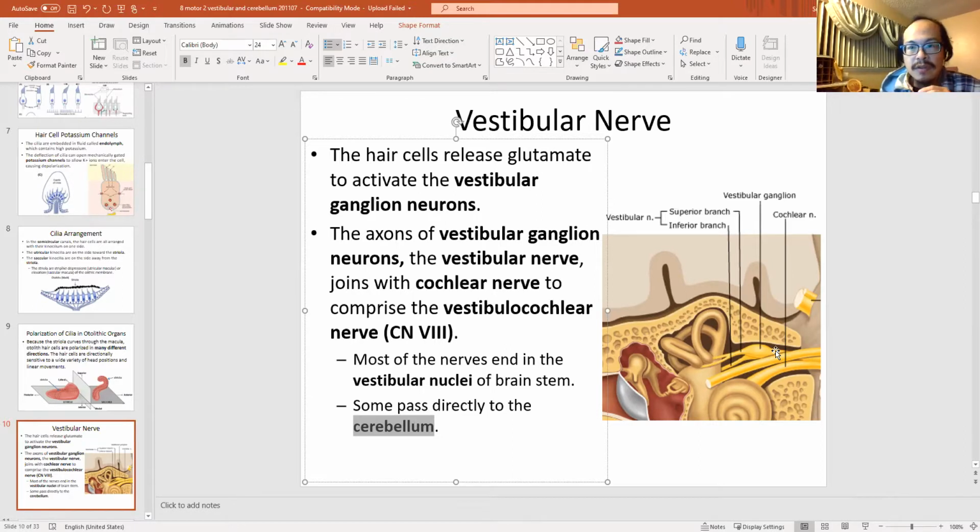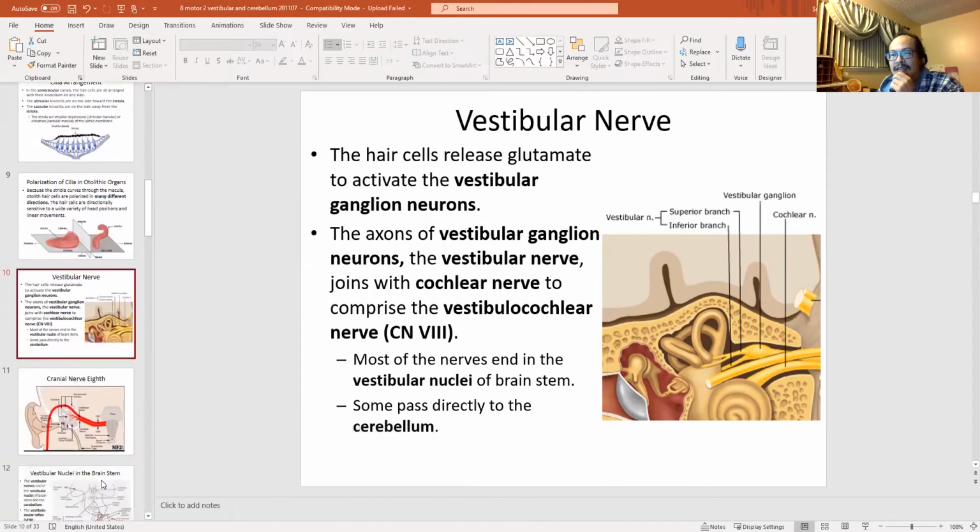The second neuron is the vestibular ganglion neuron. This neuron sends out an axon to form the vestibular nerve, and the vestibular nerve ends at the vestibular nucleus. The vestibular nucleus in the brainstem is the third neuron.